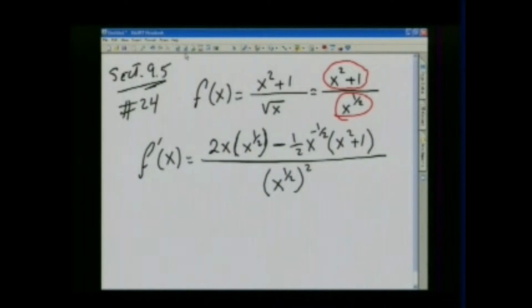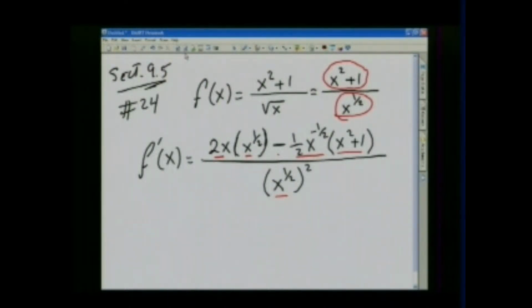One more time. Derivative of the numerator times the denominator minus derivative of the denominator times the numerator divided by the denominator squared. That's what I have here.